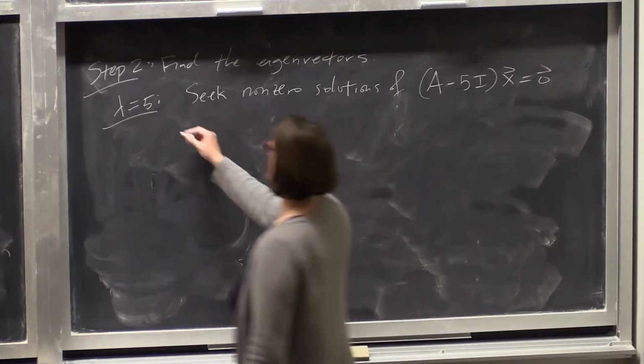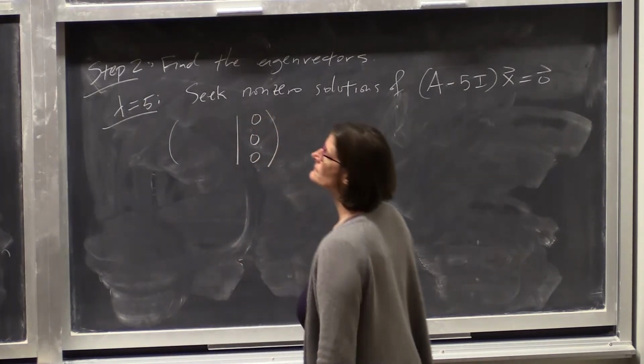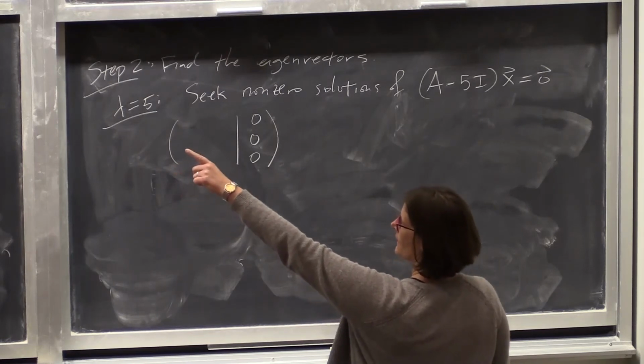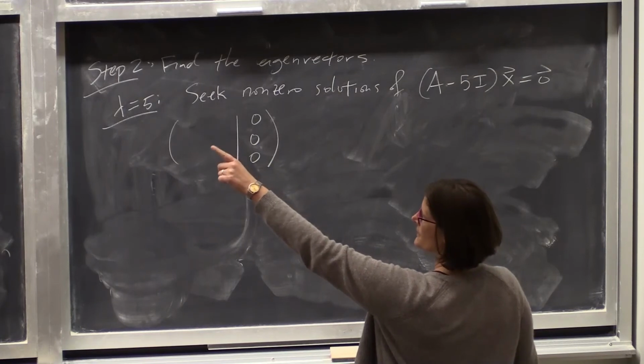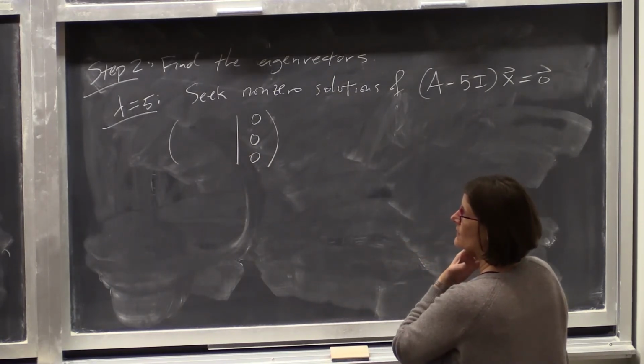So I write down the augmented matrix. It's right there. Now, I'm going to be subtracting 5 off of that diagonal. And you've already seen that I'm not always reliable when it comes to adding and subtracting small numbers.